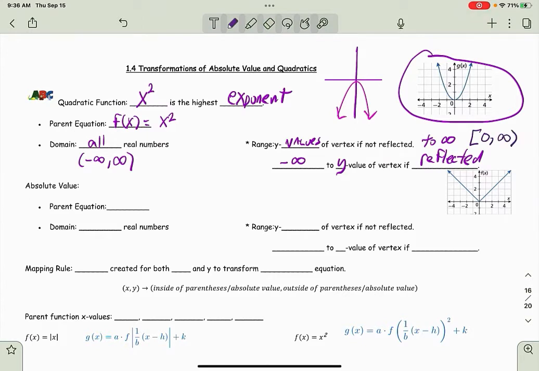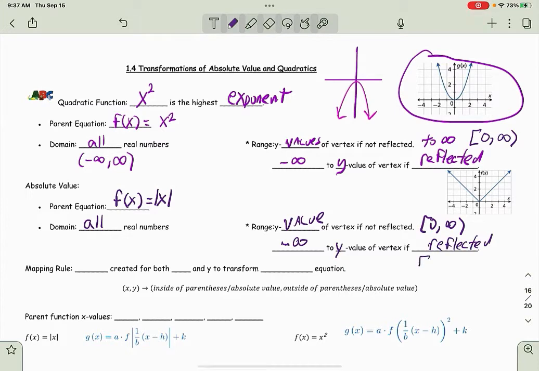Now let's go on to absolute value. So absolute value is a little bit similar to the quadratic equations. The range, or the y value, is going to be from 0 inclusive to positive infinity. Again, this is the parent function. And if it is reflected, it's going to go from 0 to negative infinity.